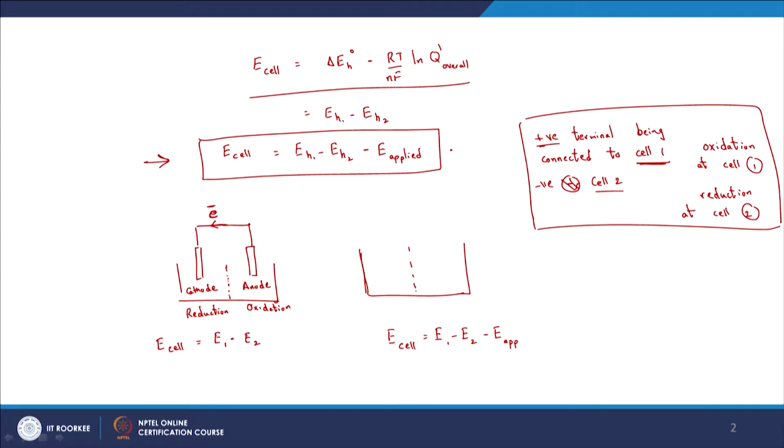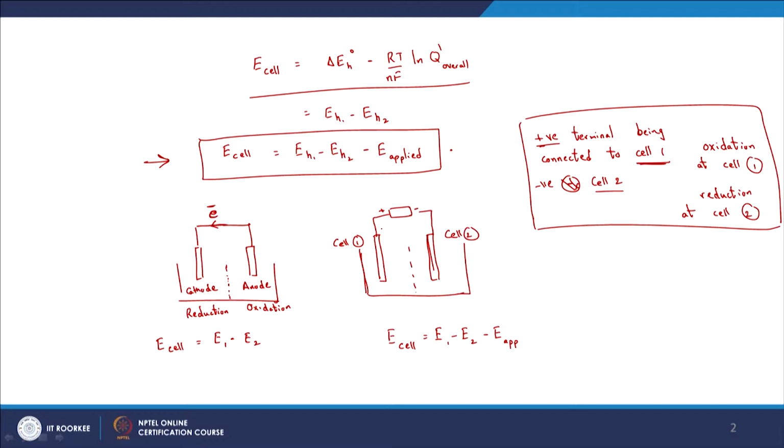I have my electrode 1 or cell 1 and cell 2, and now I am going to put in my external, or applied, voltage. This is positive and this is the negative terminal, so the positive is connected to cell 1 and the negative is connected to cell 2. Let me write that as cell 1 and cell 2.